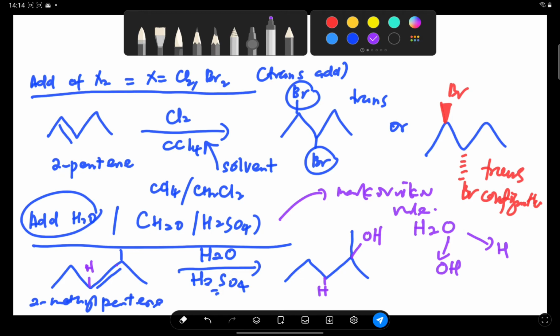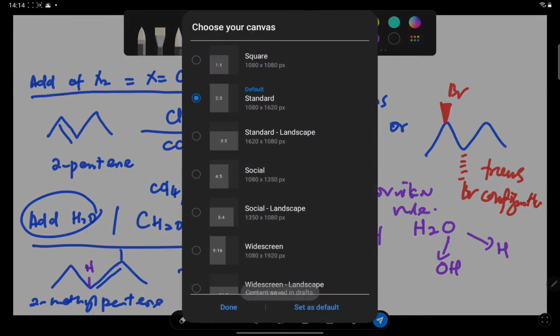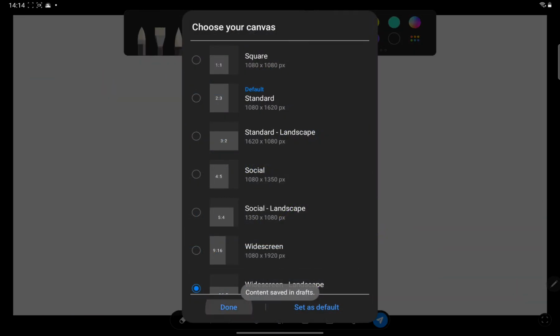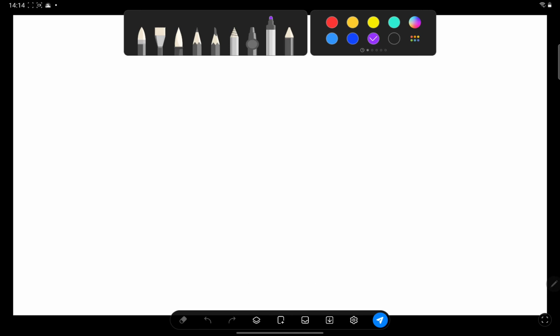And for the epoxide formation, epoxide formation normally produces a two membered ring.